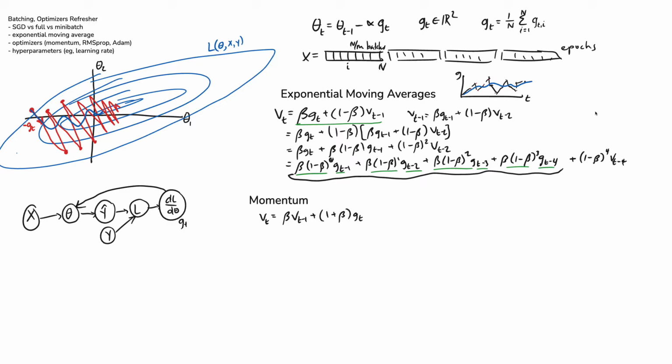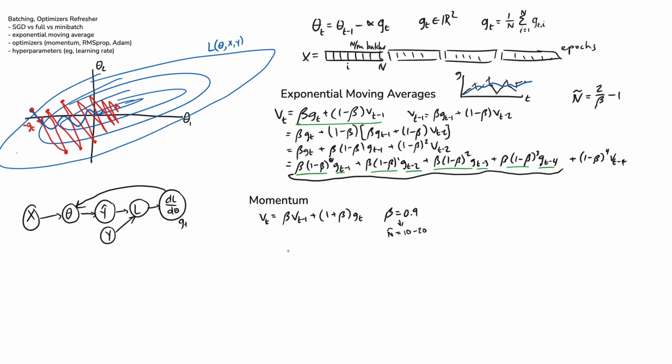This is kind of a heuristic, I think, but the effective size of your sliding window is something like this. In this case, they recommend setting beta to 0.9, and that gives you an approximate window size of 10 to 20, something like that.